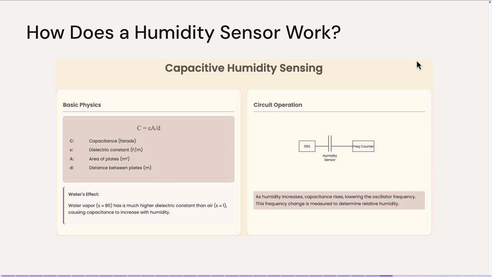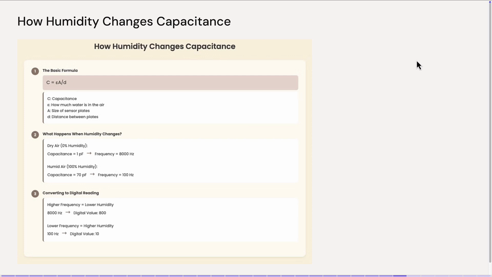What we are going to measure here is the frequency; we're not going to measure the voltage this time. And the frequency is affected by what we call the water vapor coefficient, which is 80 in humid conditions and 1 in mild weather. Of course, this is the physical equation, and this is how it works.